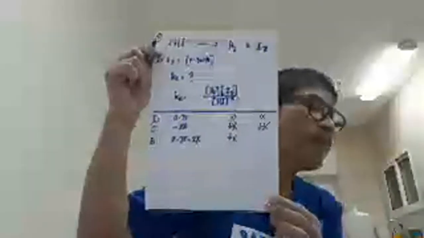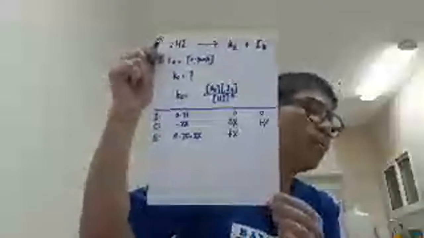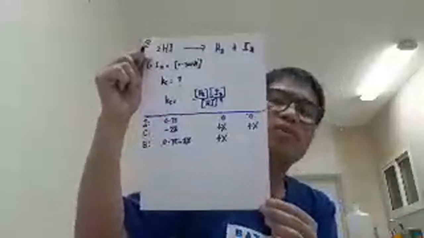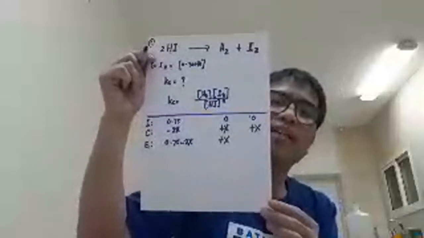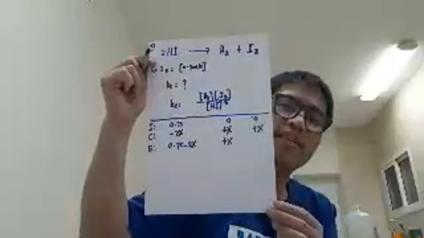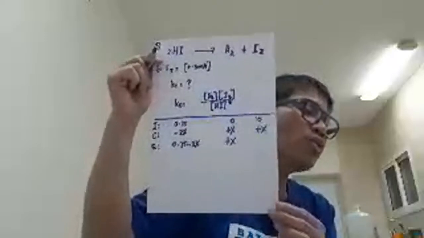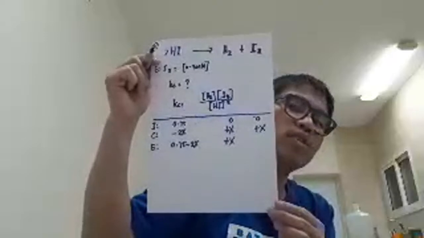I2 has an equilibrium concentration, it's there in the problem. At equilibrium, the concentration of I2 was found to be 0.300 molar. So you have to put 0.30 molar, not x, here, because it's stated in the problem.